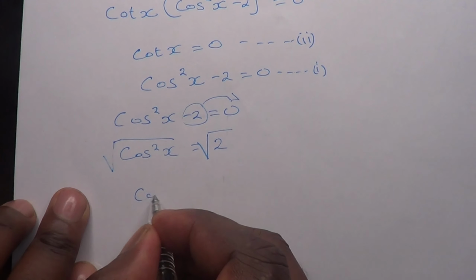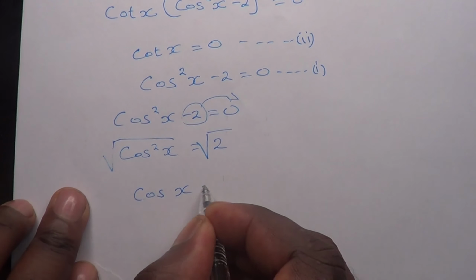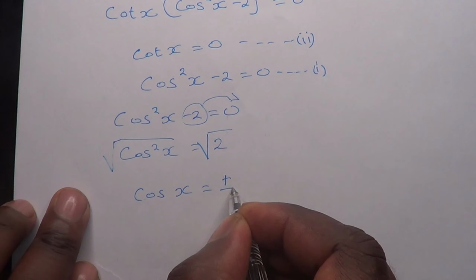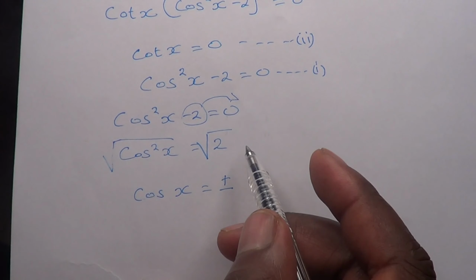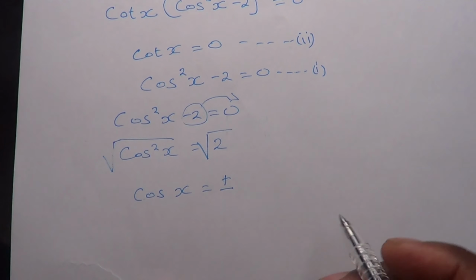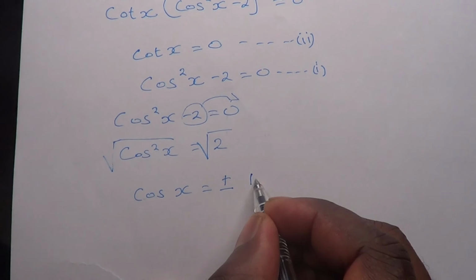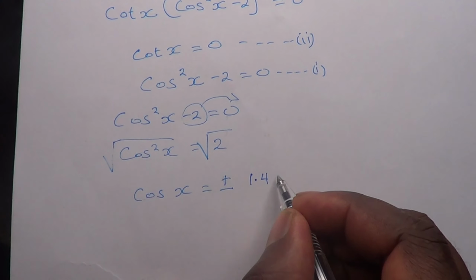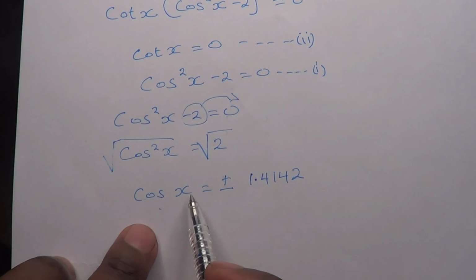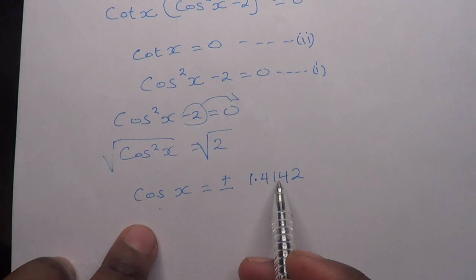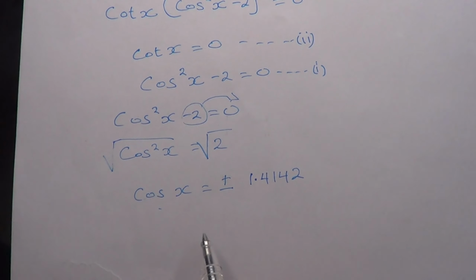So it will be cos x equals plus or minus, because of the square root. When you find the square root of a number, that is plus or minus. Now here it will be 1.4142. So at this point we have cos x equals positive 1.4142 and negative 1.4142.